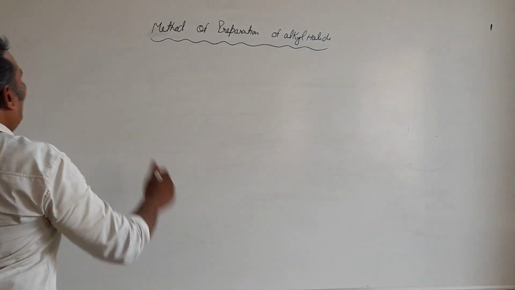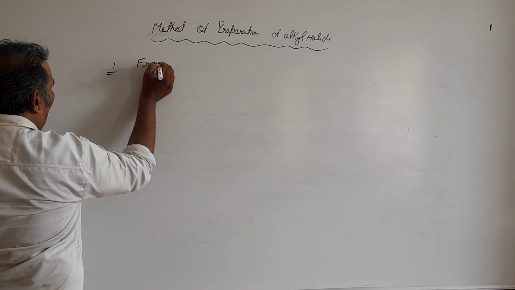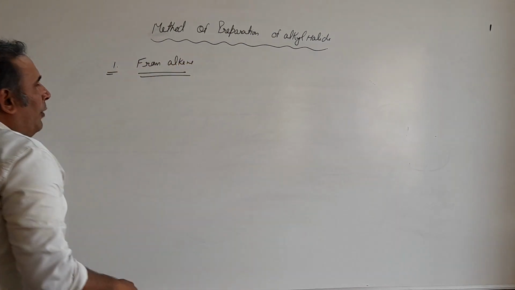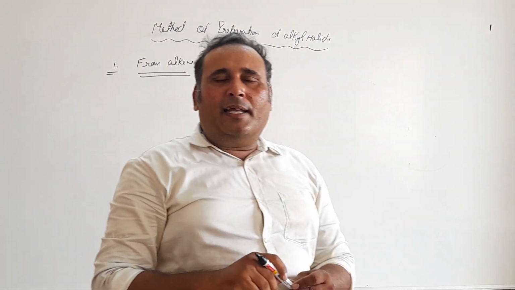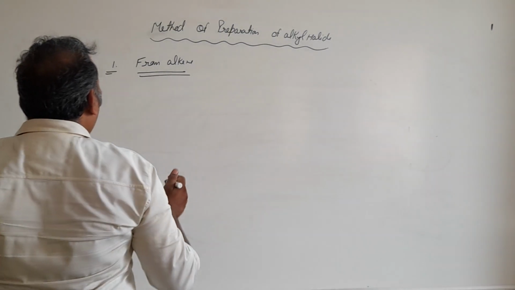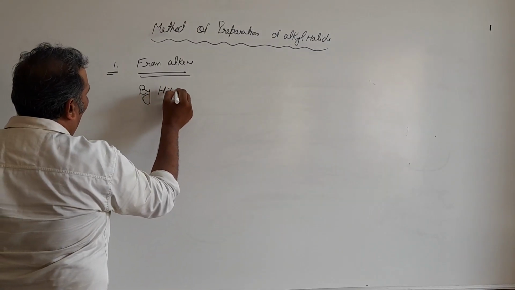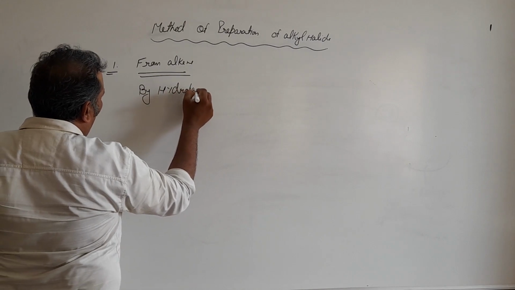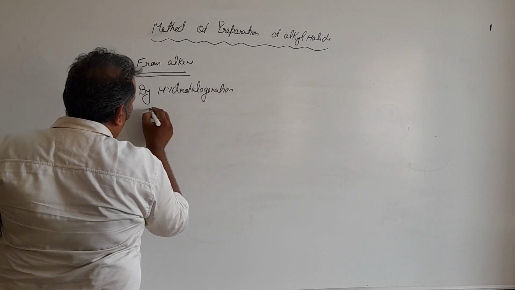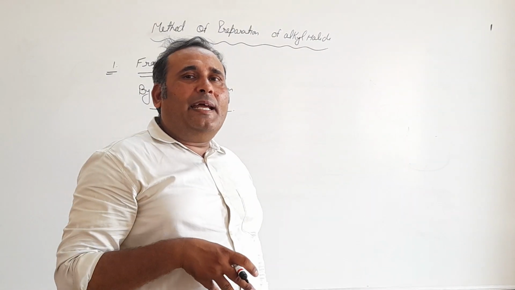So first of all we can discuss from alkene. Yes, from alkene we can prepare alkyl halide. How can we prepare the alkyl halide from alkene? Simply by hydrohalogenation. By hydrohalogenation of alkene, we can prepare alkyl halide.